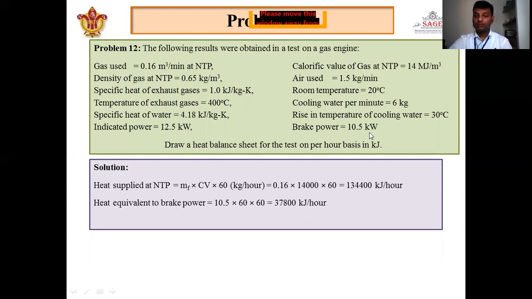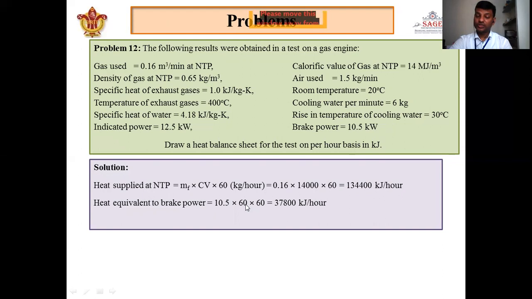Heat equivalent to brake power is given as 10.5 kilowatt. What is a watt? Joule per second. So here it is kilojoule per second. We are taking heat supplied as kilojoule per hour, so again we have to convert this kilojoule per second into kilojoule per hour by multiplying it by 3600.